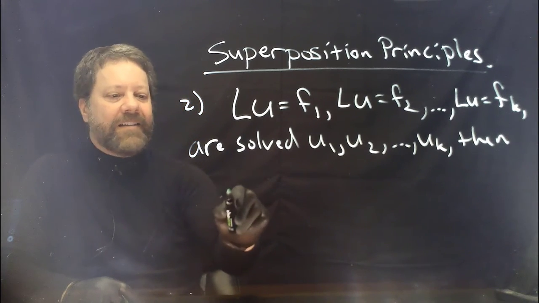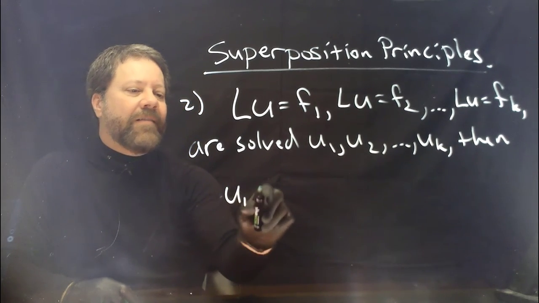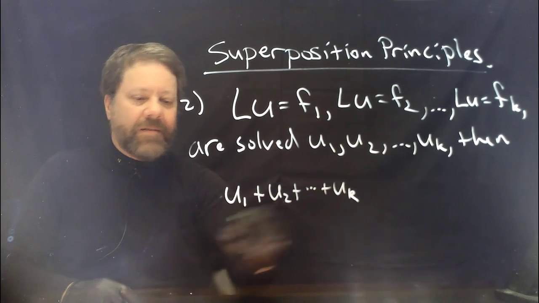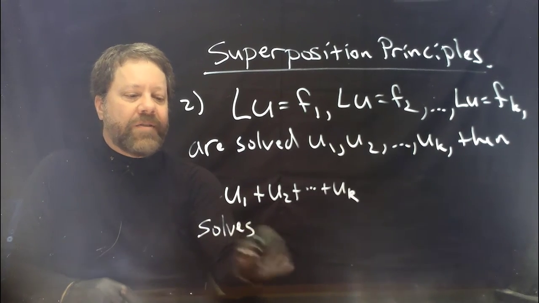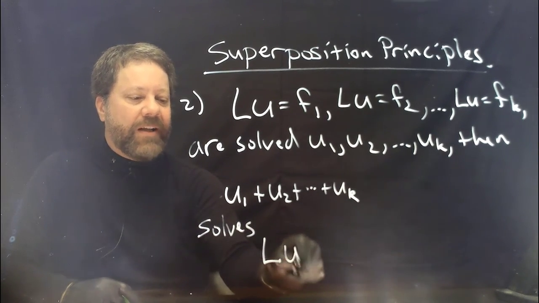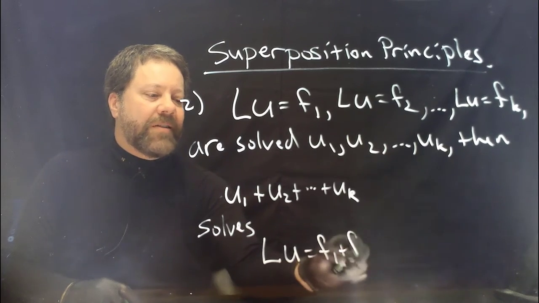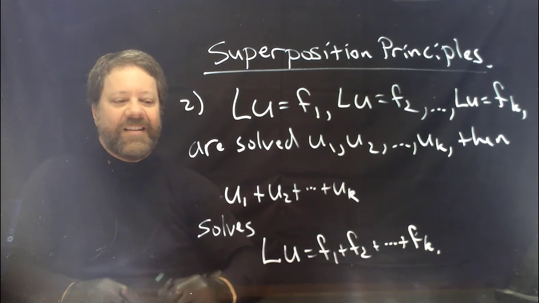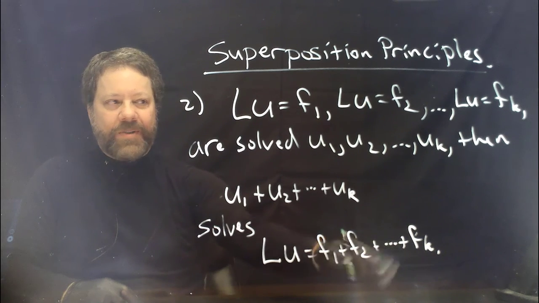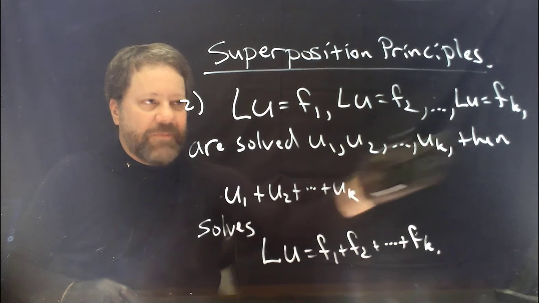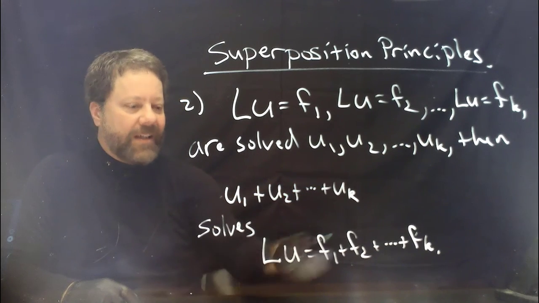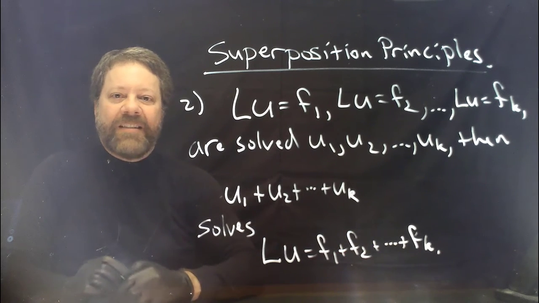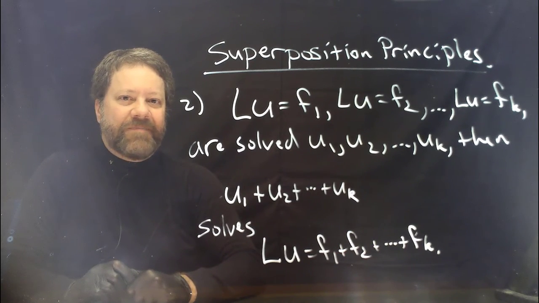Then it turns out the sum of these solves the partial differential equation with LU equals F1 plus F2 through Fk. So if you have multiple independent sources, you can solve each of these independently with maybe simpler solutions, and then you can find the solution of the more complicated forcing situation by just adding up the different particular solutions.